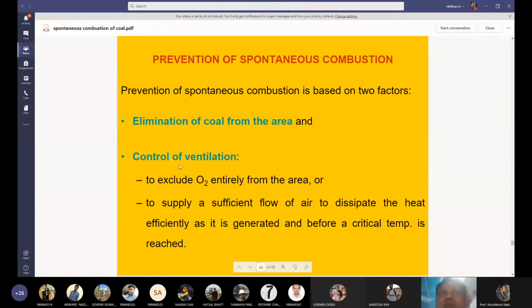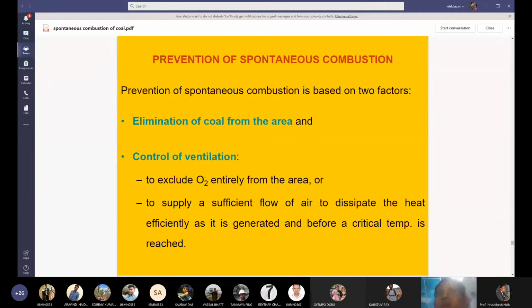How to control the ventilation? To exclude oxygen entirely from the air, because oxygen is the main cause of spontaneous combustion. Along with coal, if oxygen comes in contact with it, there will be spontaneous combustion of coal.